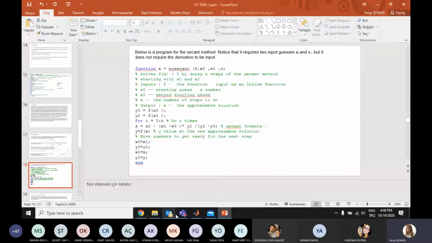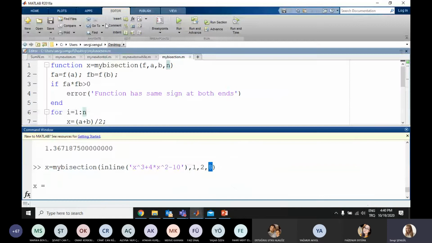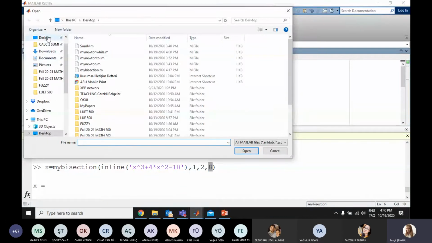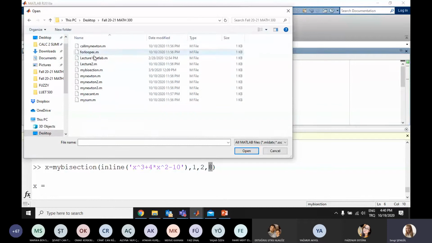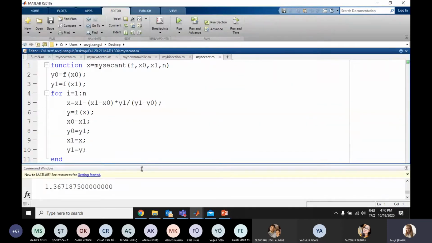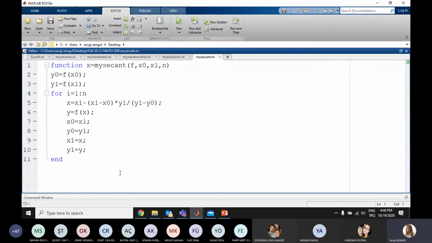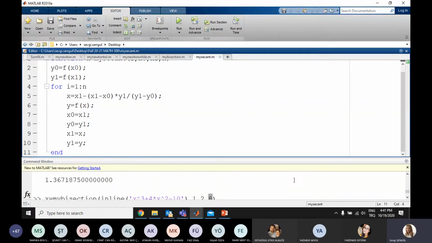And let me open it. Since I already defined that one on the desktop, the secant method is here. This is the written version of the secant method, and you know how to call it. We need to define our f.